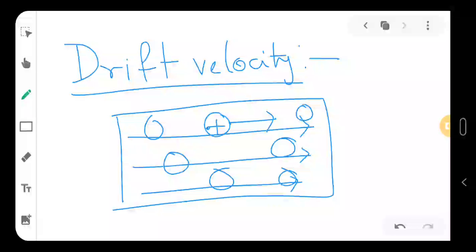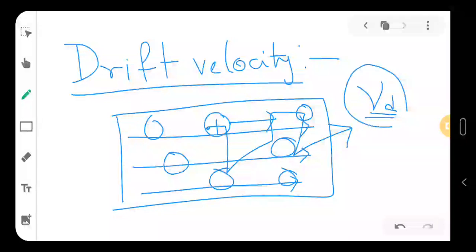So it cannot go straight, it always collides, and after that collision it moves. So you cannot just say one constant velocity. Ultimately we can find the average velocity by some relationship. We will talk about that later, and that velocity is called drift velocity.